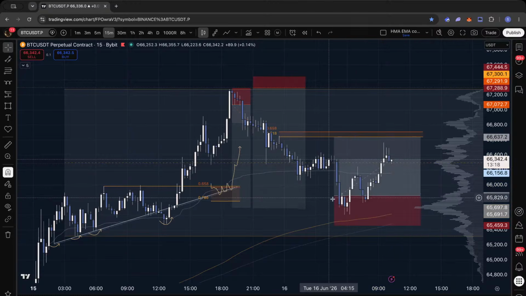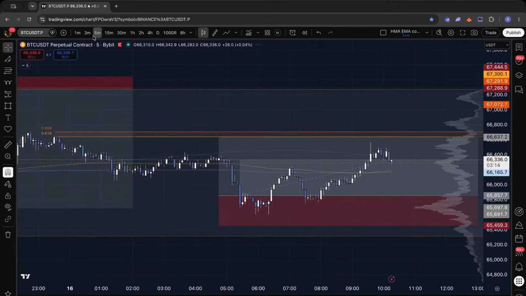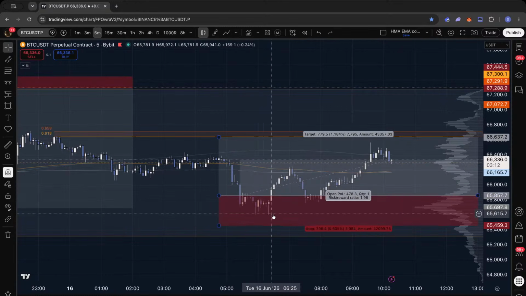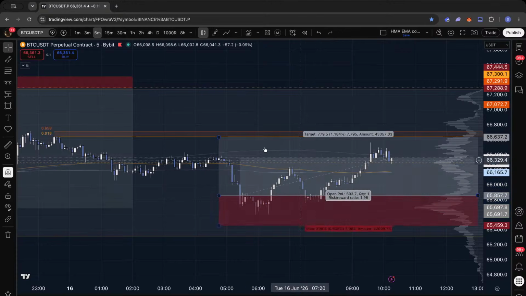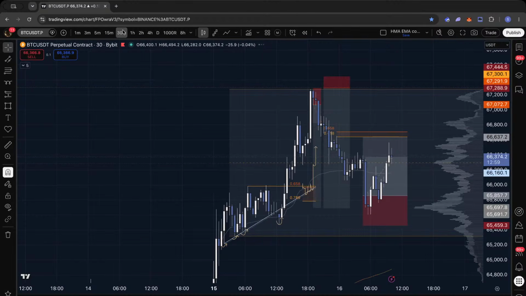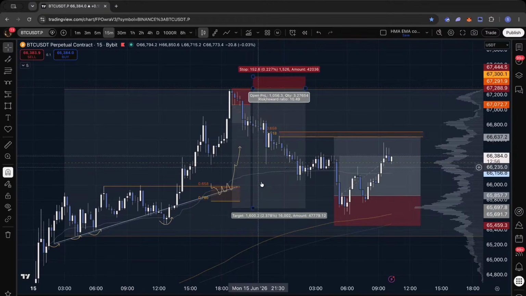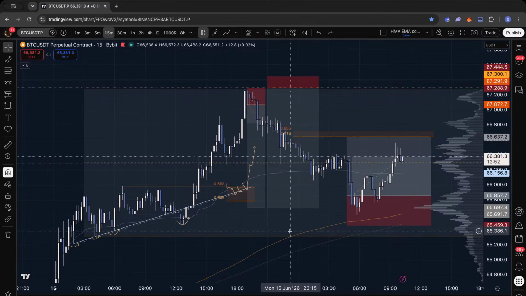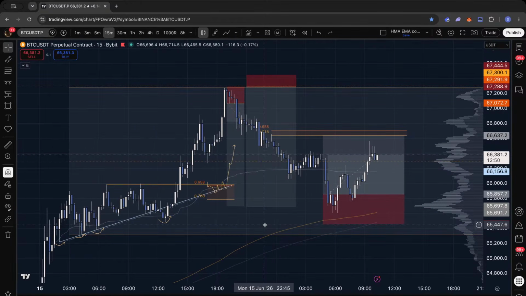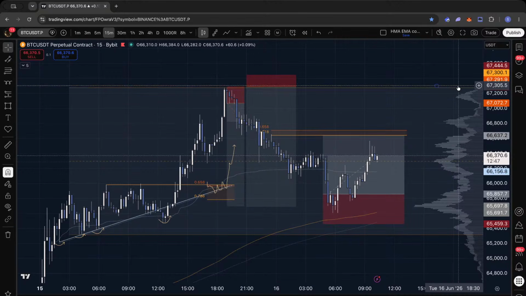Now we had a nice retest here of that internal bullish market structure shift because we have a 3-drive structure, then we broke the structure to the upside and the golden pocket retest. So it was more than enough for a low time frame long. I think it played out pretty nice.